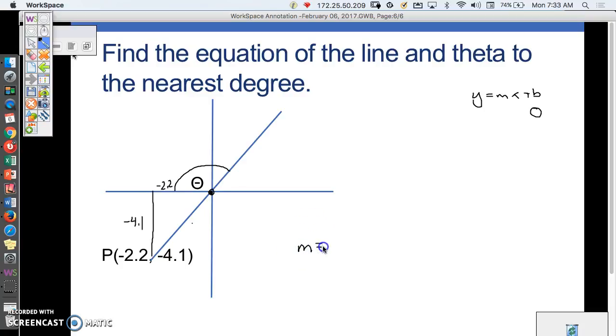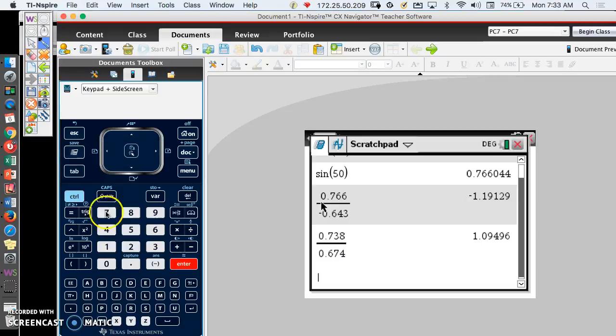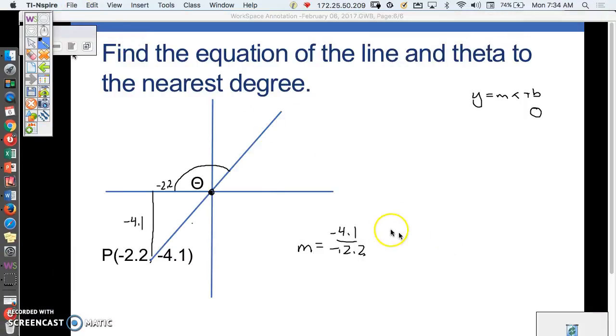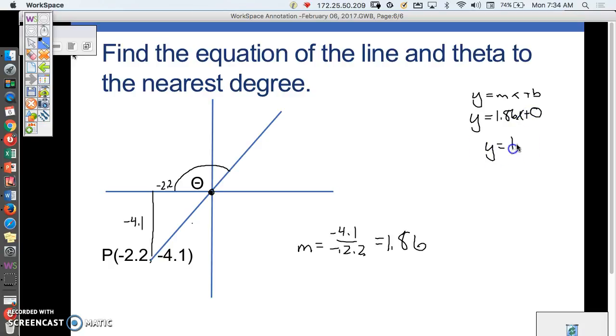So our slope, negative 4.1 over negative 2.2, negative 4.1 divided by negative 2.2, is 1.86. So we have our equation y equals 1.86x plus 0. So we just have 1.86x.